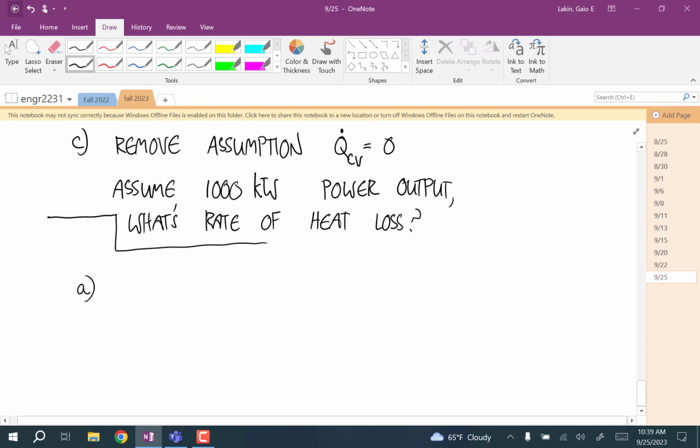Okay, so first we're going to use the simplified equation that we got before that says the power, W dot, is equal to M dot times the quantity H inlet minus H exit.